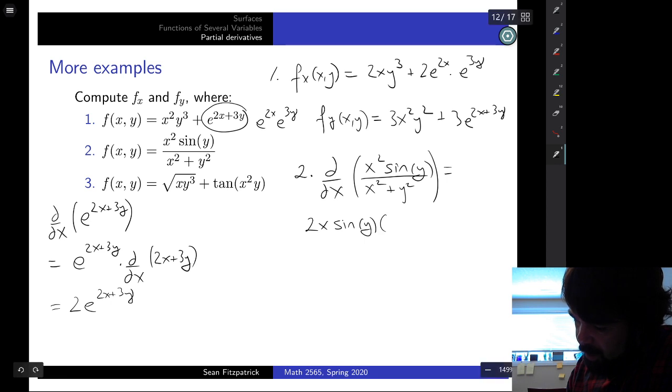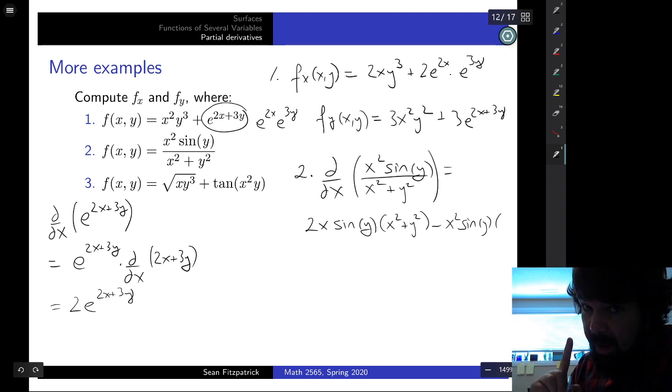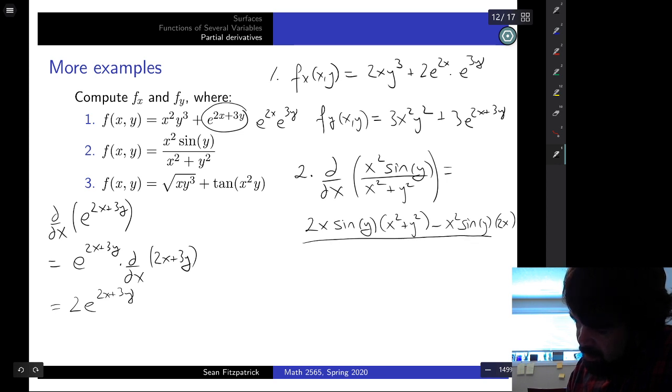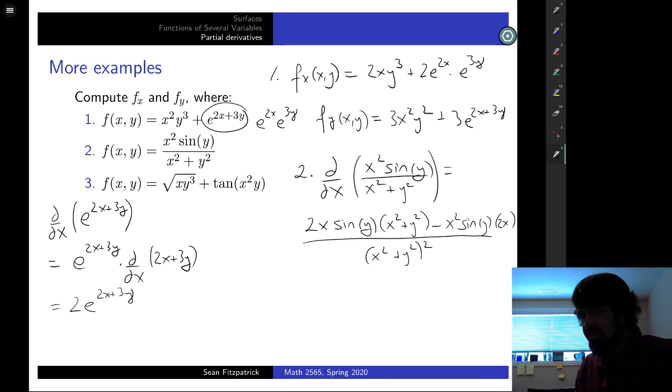So derivative of the top times the bottom, minus the top times the derivative of the bottom with respect to x, just 2x, divided by the bottom squared, right? And quotient rule is just as ugly in two variables as it is in one variable.